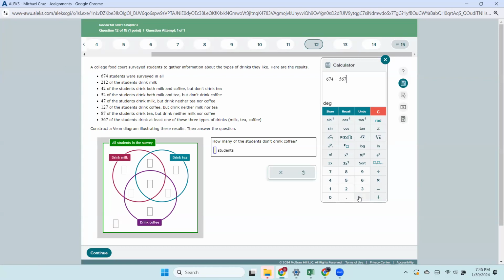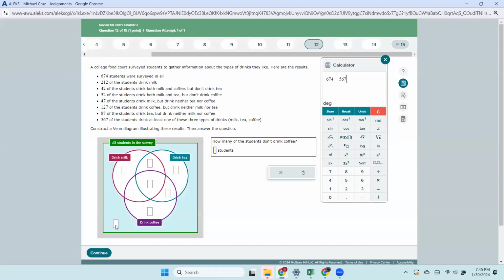If we do that, because 567 is what all of the numbers inside of the circles have to add up to. When we say at least 1, this is at least 1. This is 1, this is 2, so that's at least 1. This is 3, that's at least 1. 2, 2, 1, and 1. All of those are at least 1.